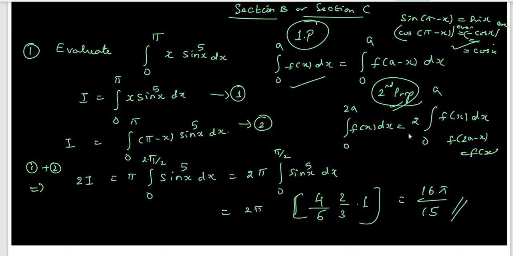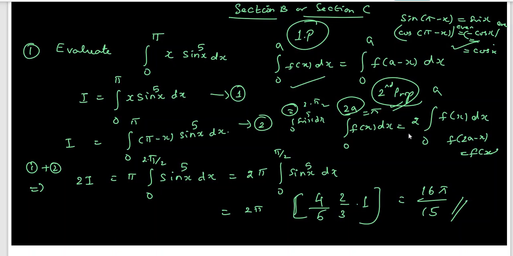And the reduction formula for the integral from 0 to pi of sin^5 x cannot be used. It should be of the form 0 to pi by 2. So what we do is rewrite this pi as 2 into pi by 2. In this case my 2a stands for pi.